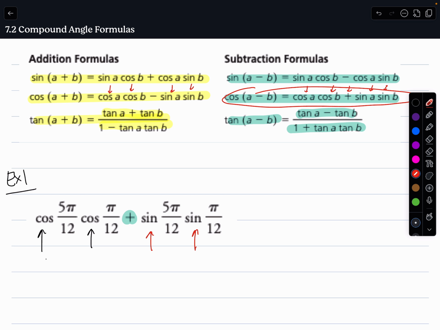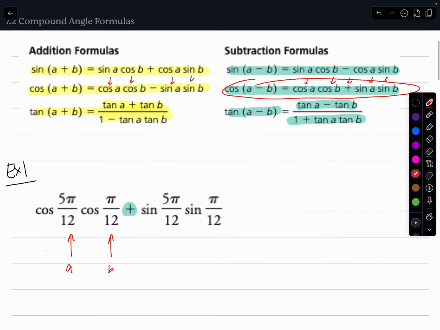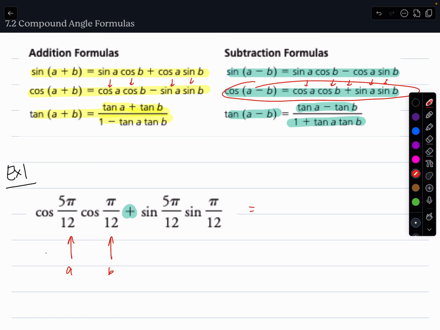If this is reflective of that formula, then I have to find out what A and B are. This is my A and this is my B. Once I find A and B, we can write the equivalent expression, which would be cos A minus B, so 5 pi over 12 minus pi over 12.